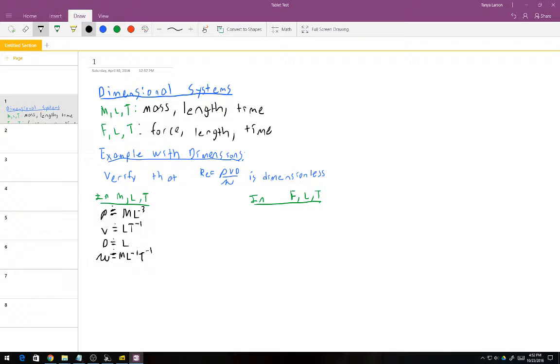Okay. Now, let's say I combine these together. What would I get? Let's put these into the formula for Reynolds number and see what kind of units we end up with.